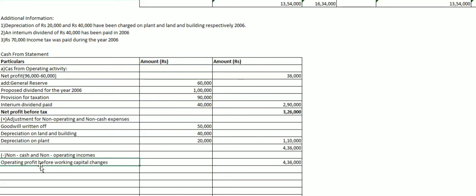So now what you're supposed to do is add your increase in current liability and decrease in current asset. What all current liability has increased or what all current asset has decreased, that you will add.